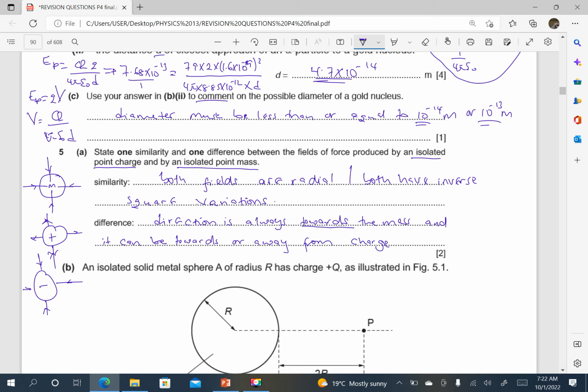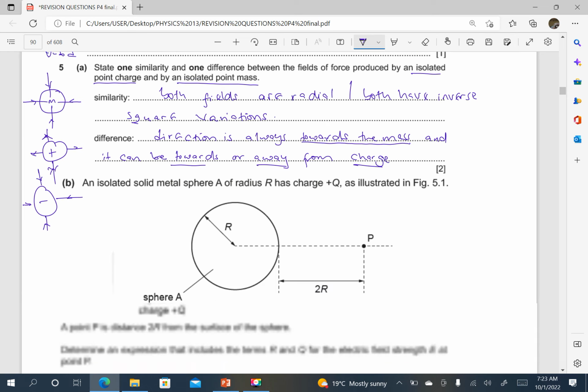This one is towards the mass. This can be towards or away from the charge. So that is the difference. Field lines on the charge can be directed towards the charge if the charge is negative, or away from the charge if the charge is positive. Yet in gravitation, for a mass, the field lines are always towards the mass.